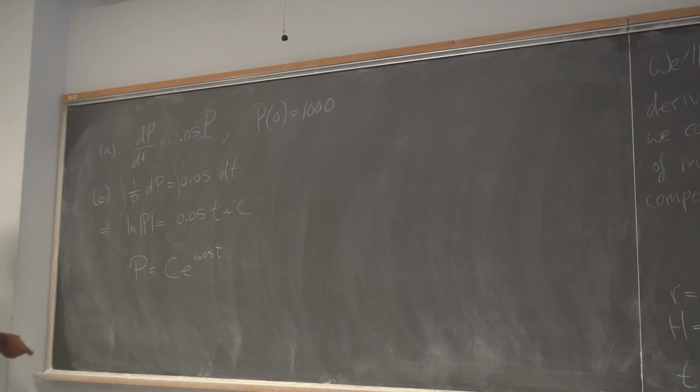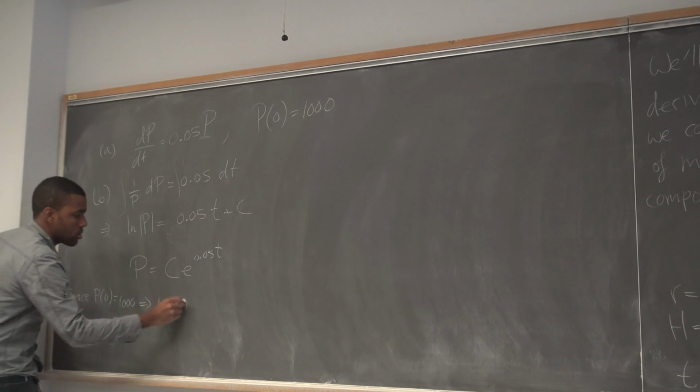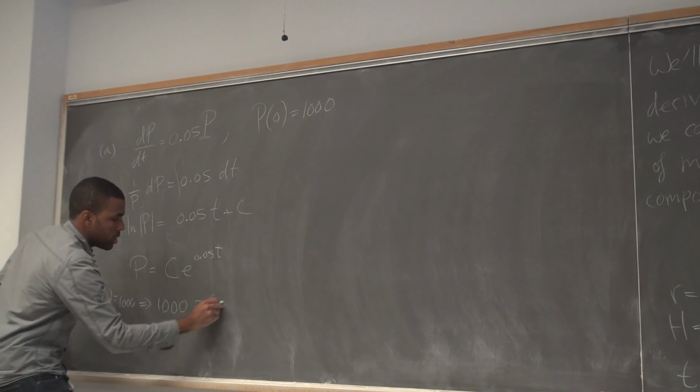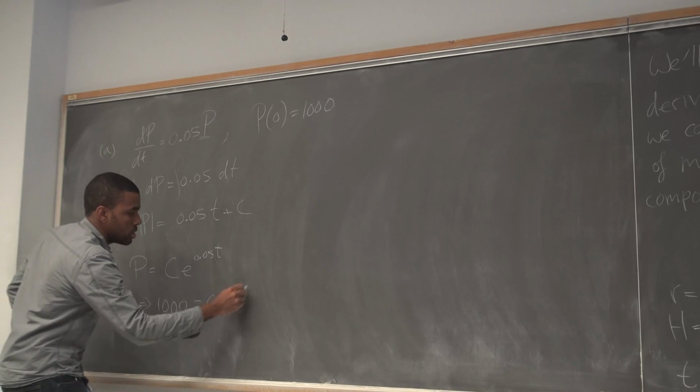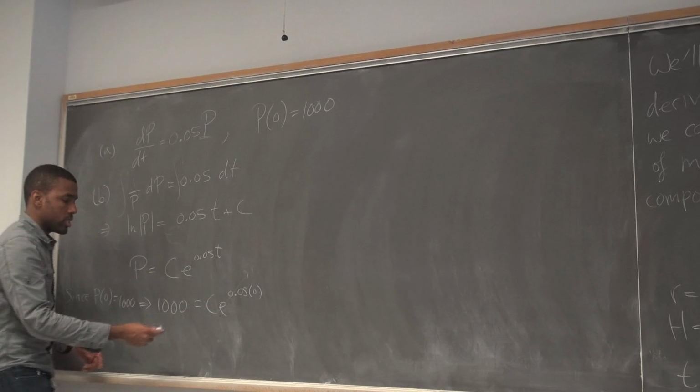Right? So we know that the C is normally the P0, but we can actually solve it here. Since P of 0 equals 1,000, it means that P is equal to 1,000 when t is 0, right? Which is just e to the 0, so that's just 1, and my C is 1,000.